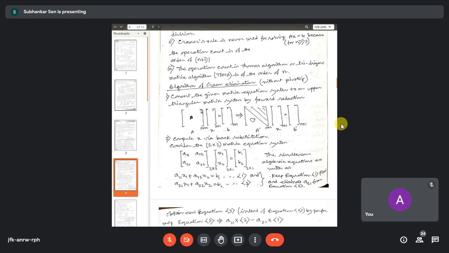Then we perform elementary row operations. We say in Gauss elimination we perform row reductions. Elementary row operations are also known as row reductions.